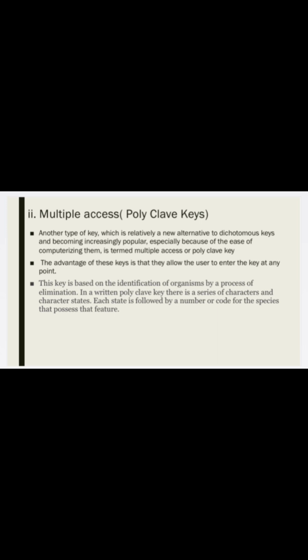The advantage of these keys is that they allow the user to enter the key at any point. This key is based on the identification of an organism by a process of elimination. In a written polyclave key, there is a series of characters and character states. Each state is followed by a number or code for the species that possess the feature.